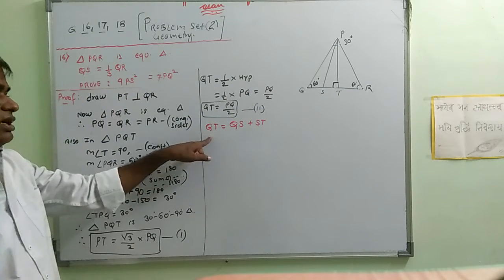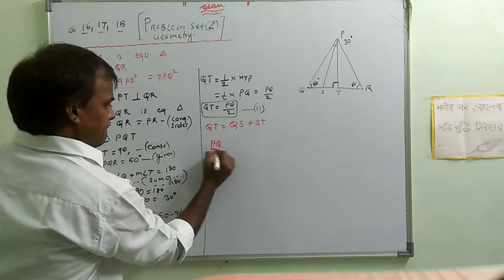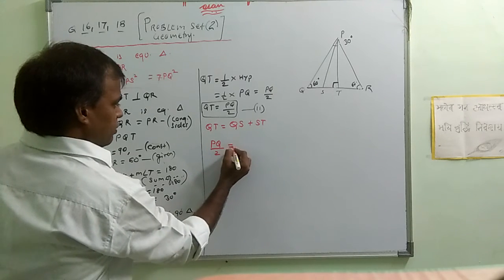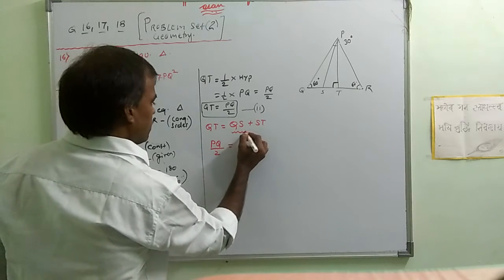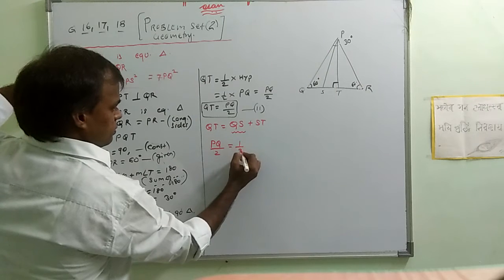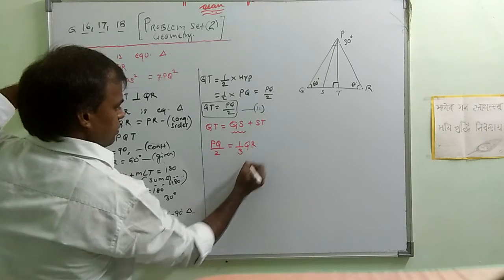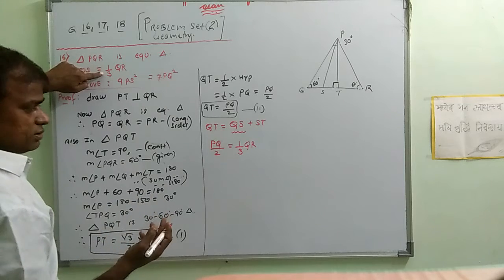What we can write? PQ upon 2 equals, in place of QS, we will write 1 upon 3 QR, plus ST. Why?